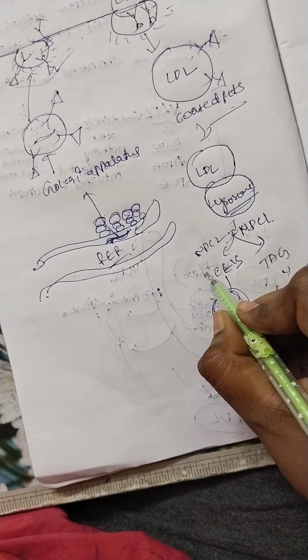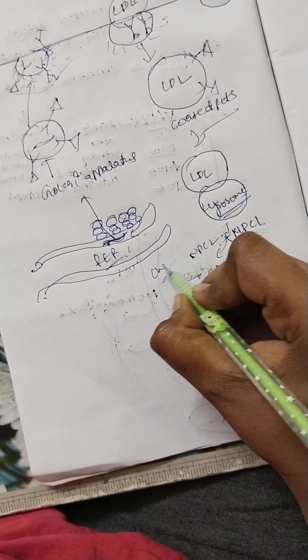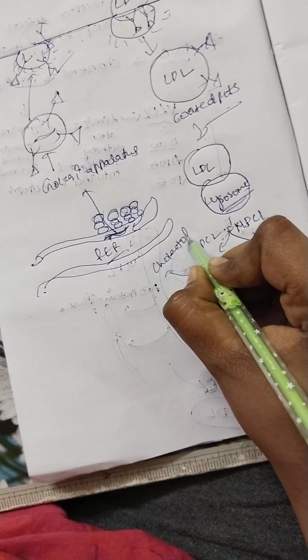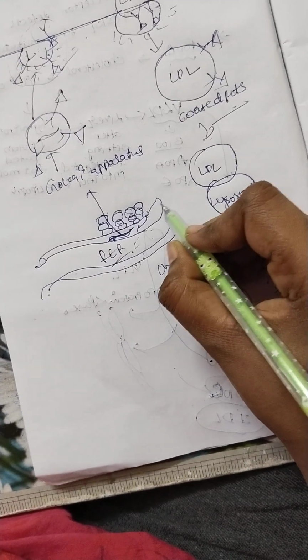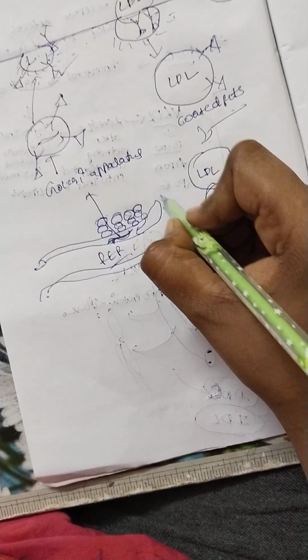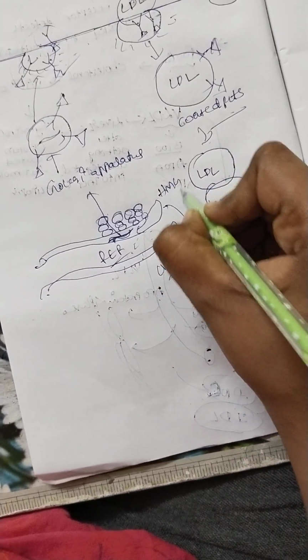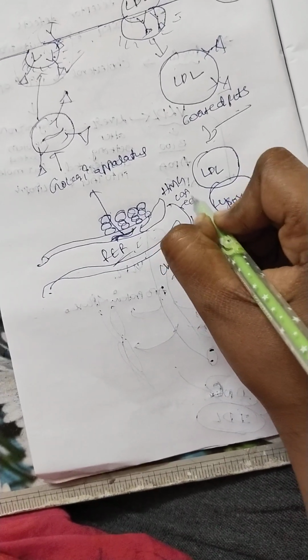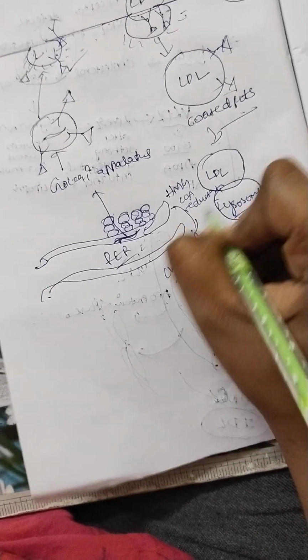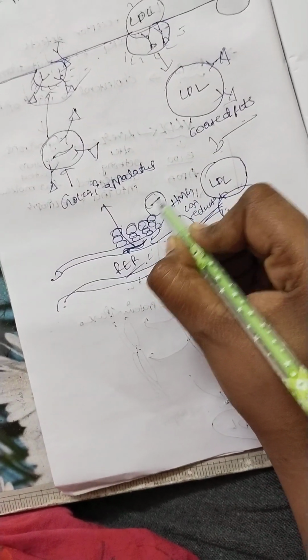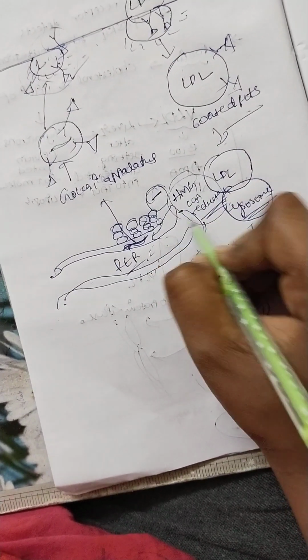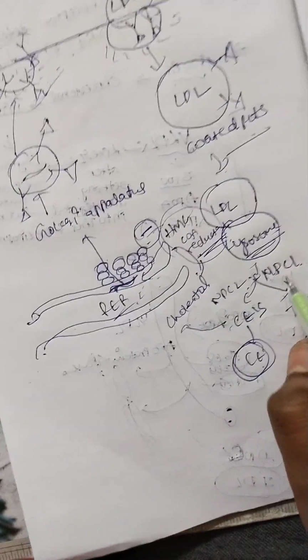And these cholesterol esters get disintegrated into cholesterol. HMG CoA reductase, by negative feedback, will be inhibited.